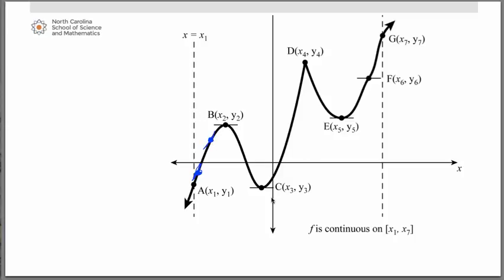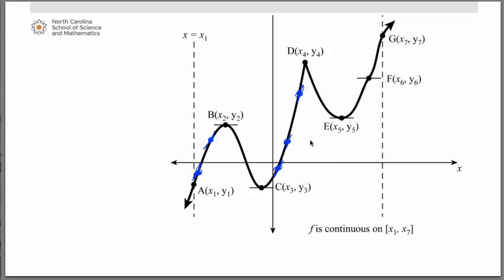If I consider the interval in between point C and point D, same thing. I can pick a point and the tangent there has a positive slope. And then same would be true, it looks like, from E to F and then F to G and so on.